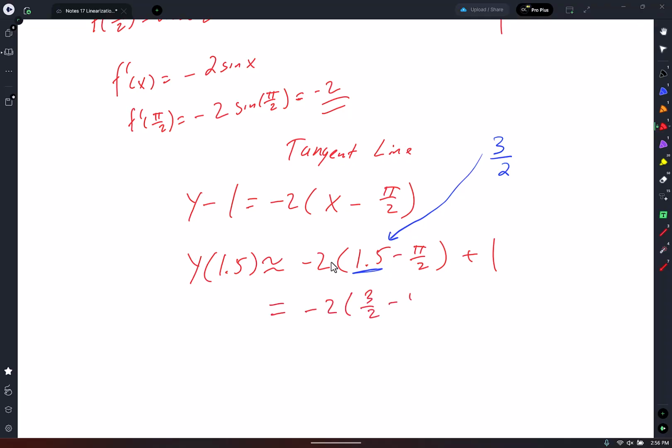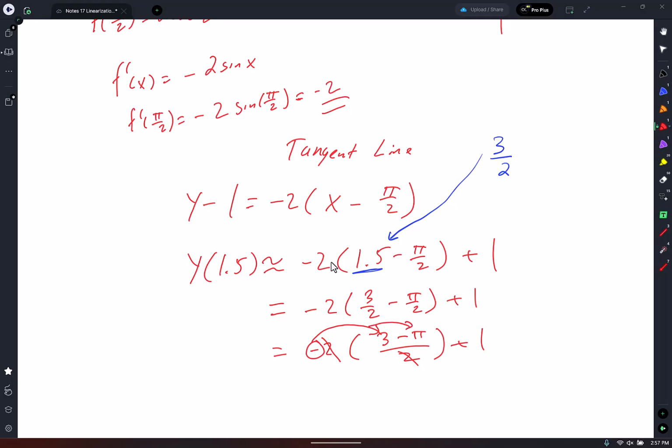When you plug in 3 over 2, look what happens. 3 over 2 minus pi over 2. They have the same common denominator of 2. Negative 2 times 3 minus pi over 2, plus 1. When I distribute that negative 2, what happens to the 2's? They cancel, but don't forget that negative.